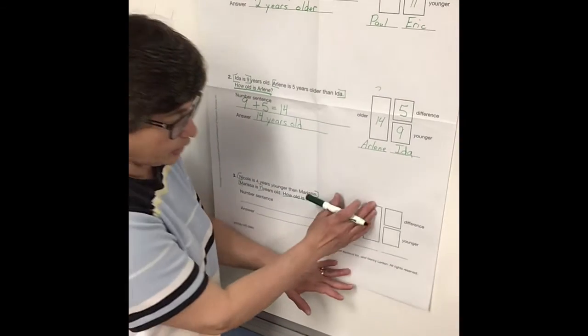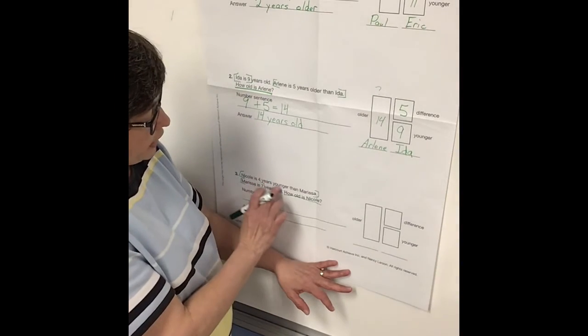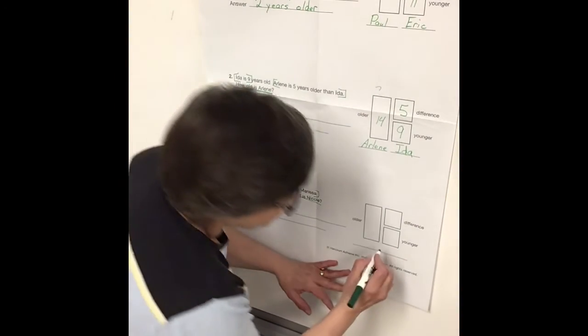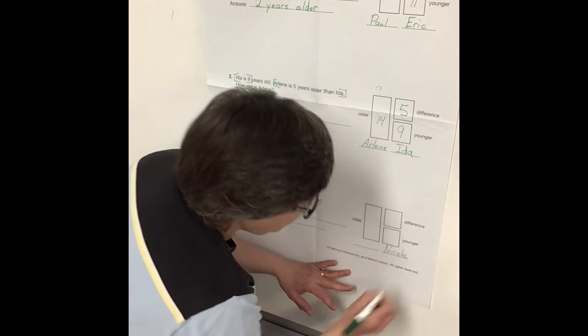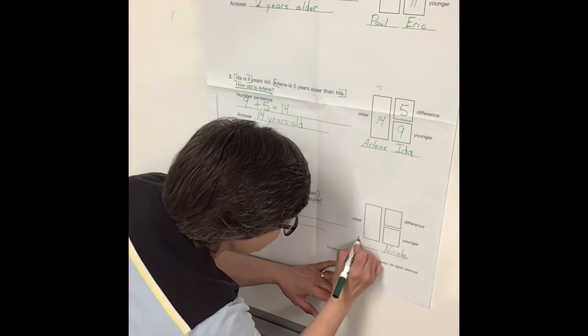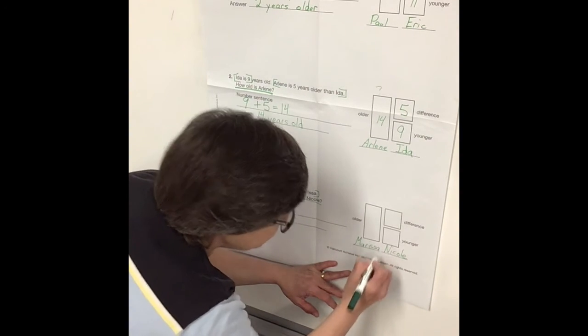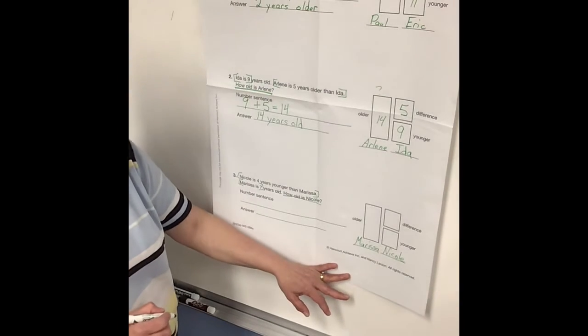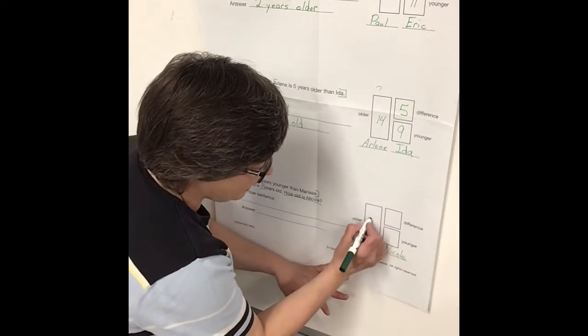So is Nicole going to go here? Nope, it said she is 4 years younger. So Nicole is going to go here. And then Marissa is the older one. She would go here. All right. Now, it said Marissa is 7. So we can put 7 in here.